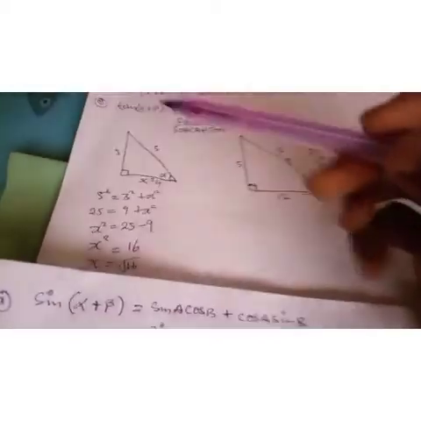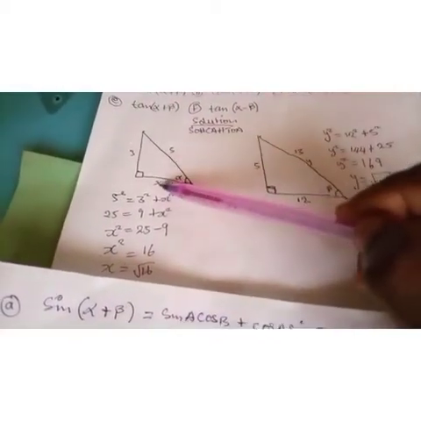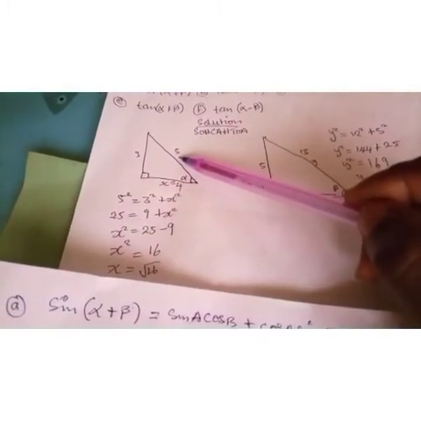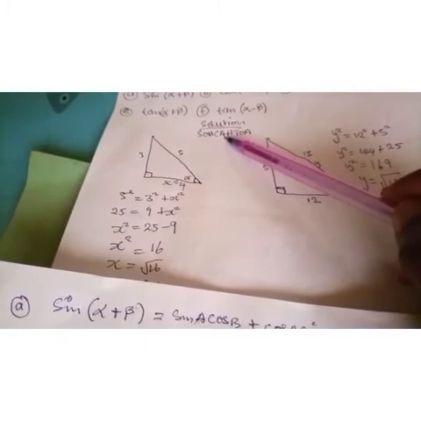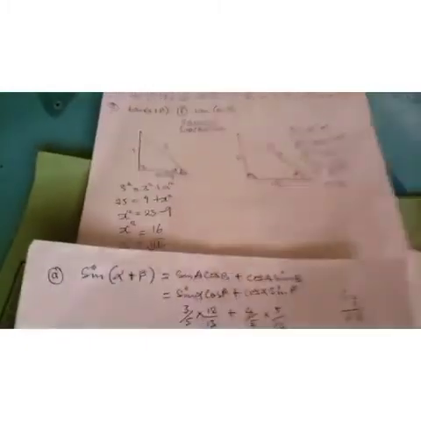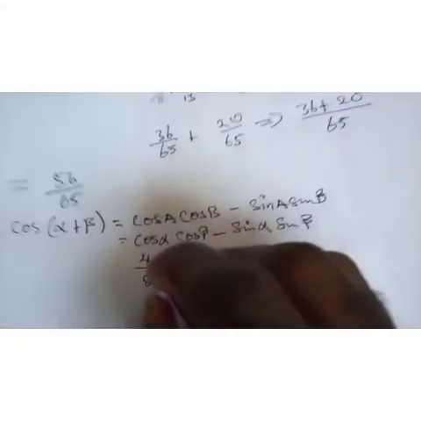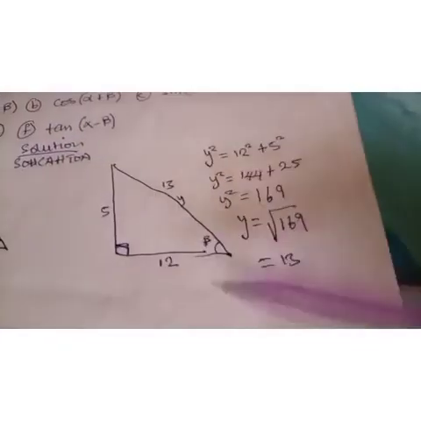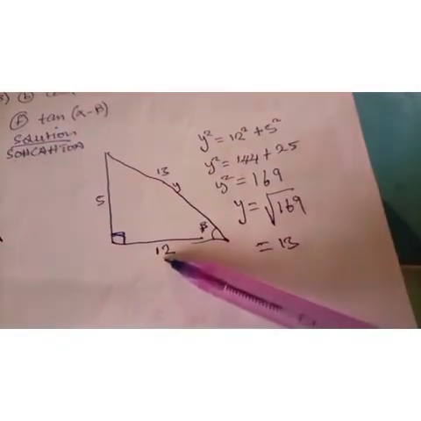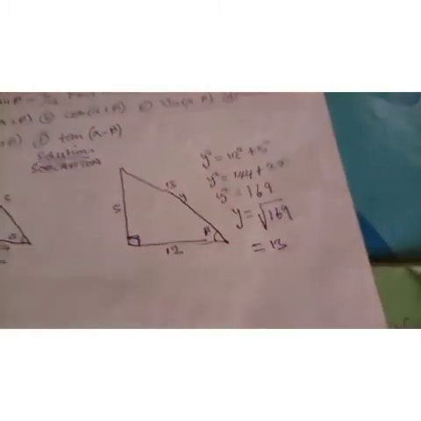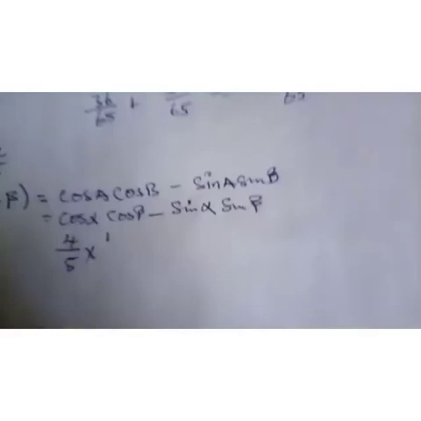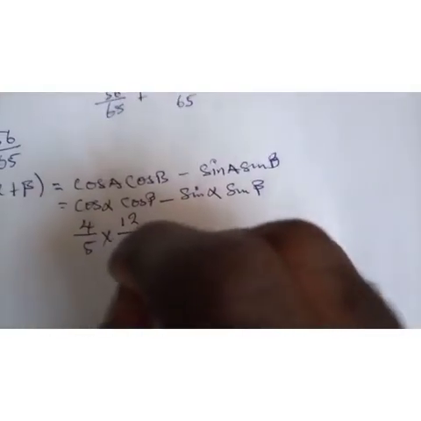Cos alpha, using SOHCAHTOA, is adjacent over hypotenuse, that is 4/5, times cos beta, which is adjacent over hypotenuse, that's 12/13.